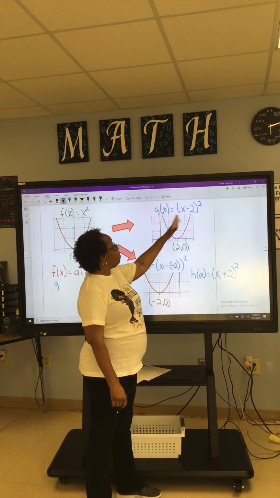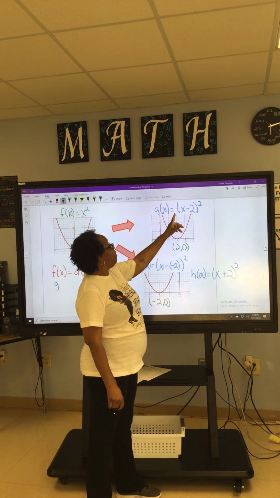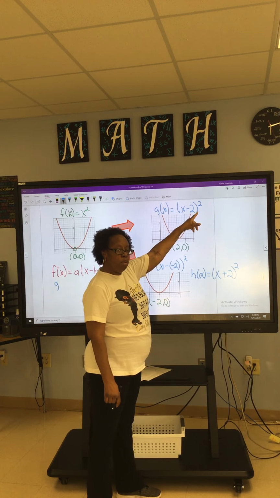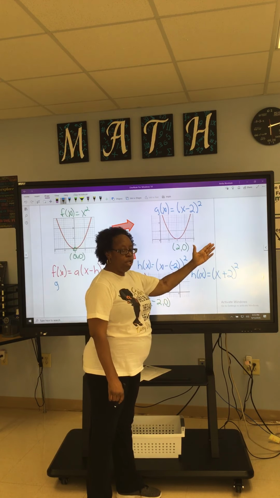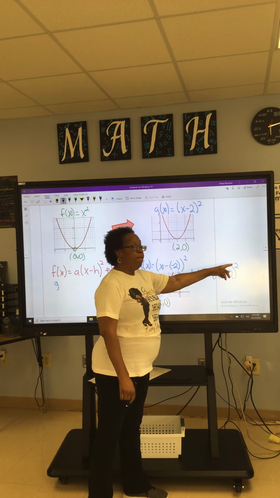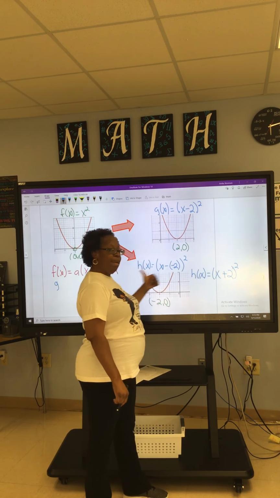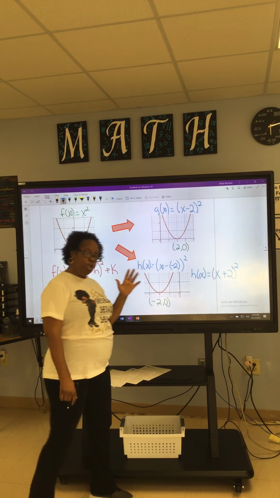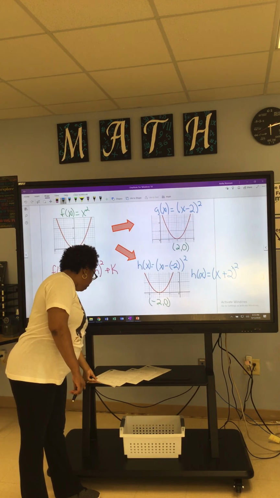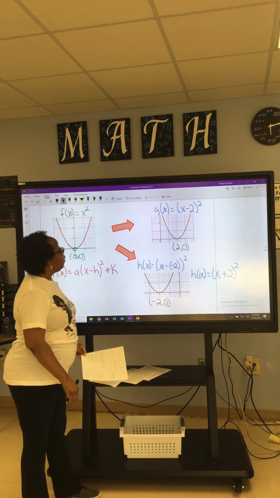So when you see it in vertex form and something is being subtracted from the x itself before it's squared, you know that's going to be a right shift. If something is being added to the x before it's squared, that's going to be a left shift. Make sure you write all these down, go back over them, review them. They are not hard to do at all. Okay?